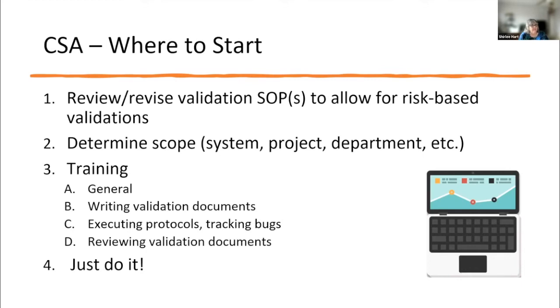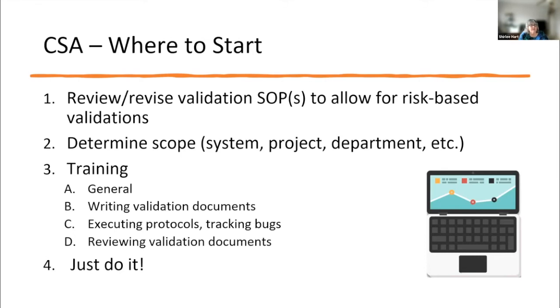But if you're all on board with that and you know what you're going to start, the first steps would be to look at your own validation SOPs and make sure they allow for risk-based validations. And then you're probably going to want to draft a val plan. So in this case, you're going to determine the scope. In some cases, I've seen val plans that cover departments or areas or groups of equipment or individual systems.